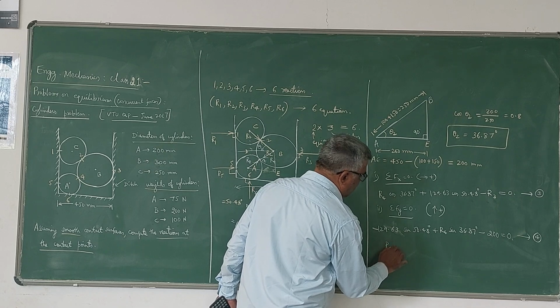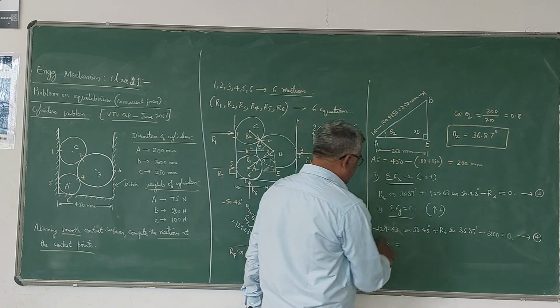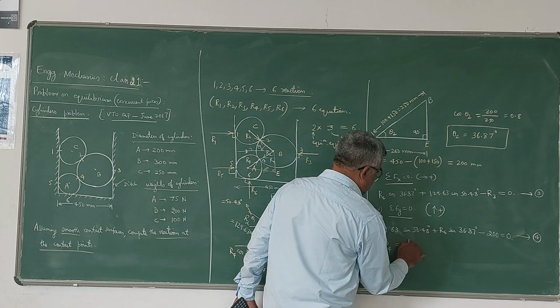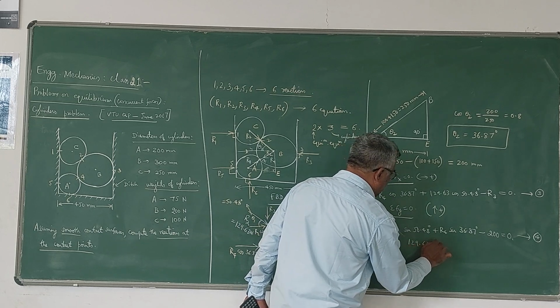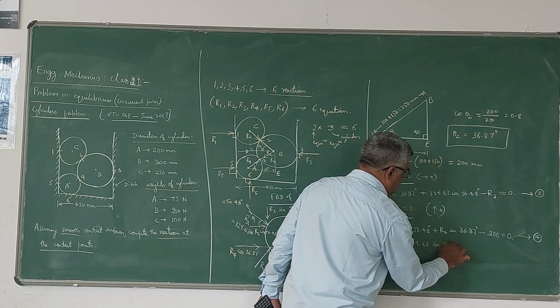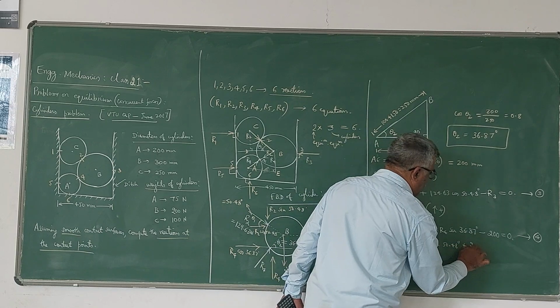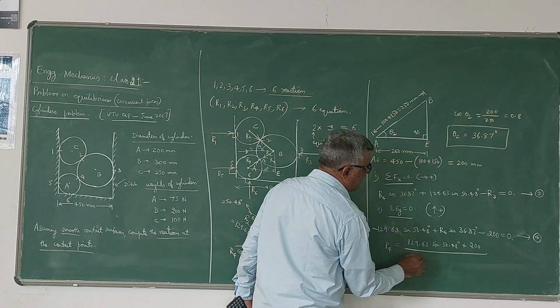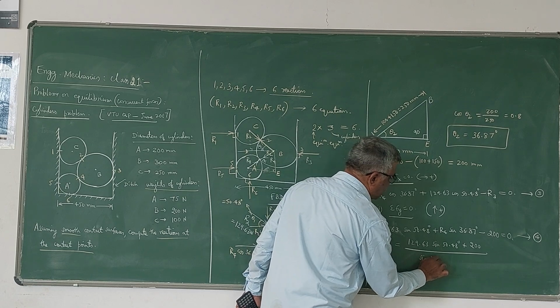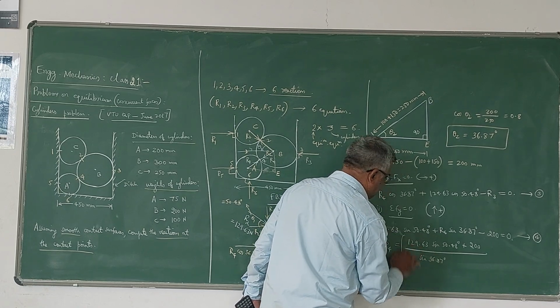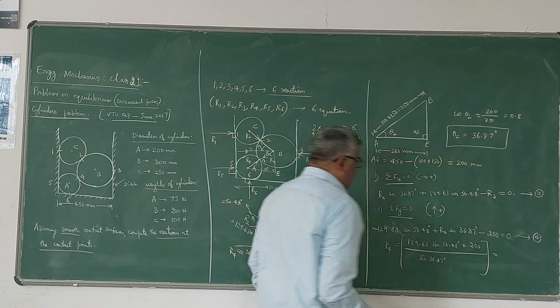So now from this equation you can get the value of R4. If you simplify this, bring these to the side: R4 is equal to 129.63 sin 50.48 degrees plus 200, all divided by sin 36.87 degrees. So this is the R4 value.